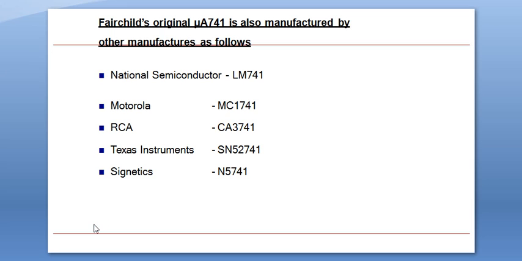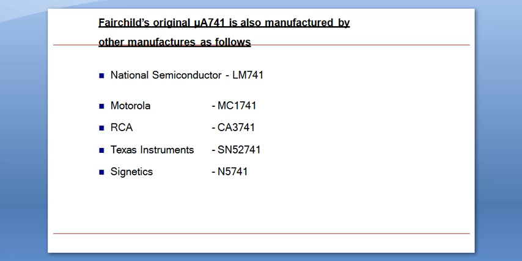If you observe, the last digits are 741, and these are the popular OpAmp ICs manufactured by National Semiconductor, Motorola, RCA, Signetics and Texas Instruments.